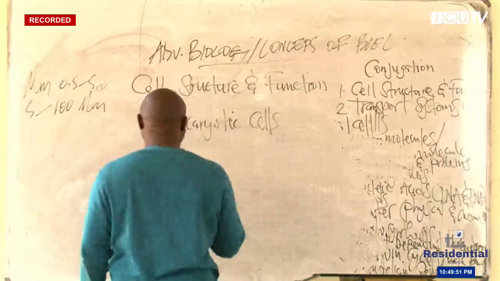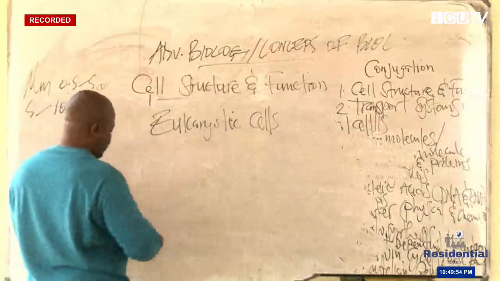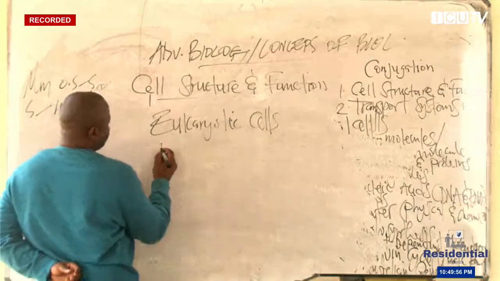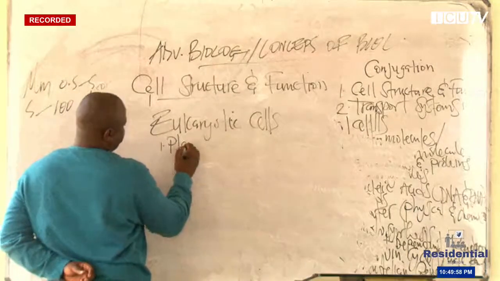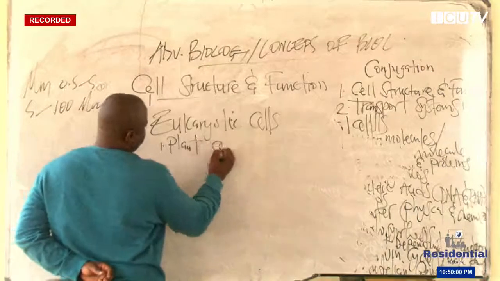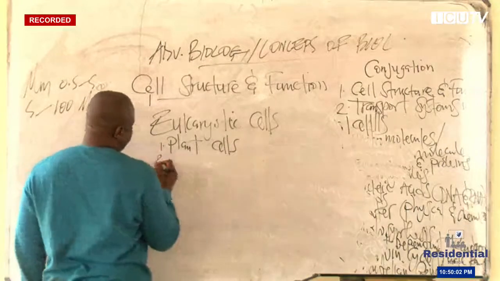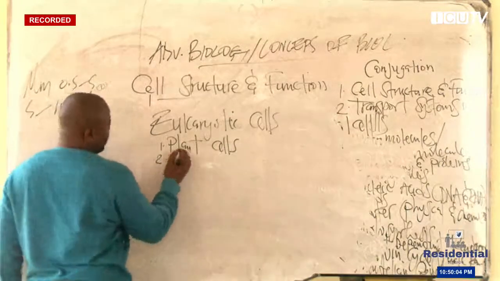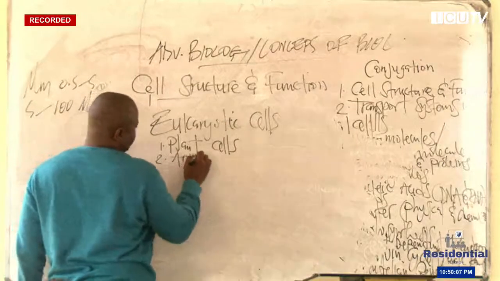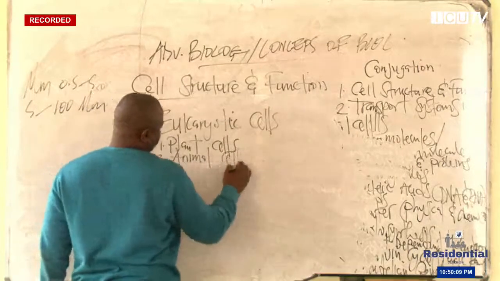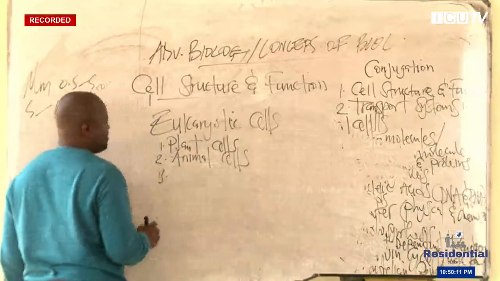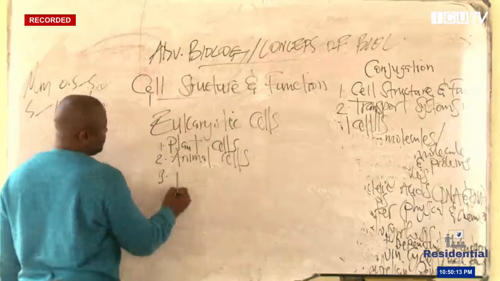Now, what are some of the examples of eukaryotic cells? Let me write them down. Number one, we have plant cells. Number two, we have animal cells. Third, we can give examples of protists.